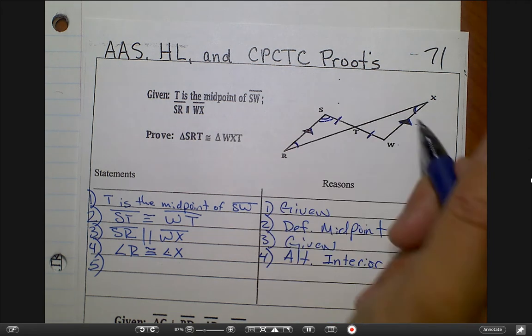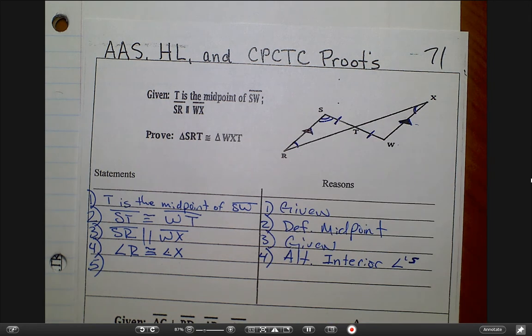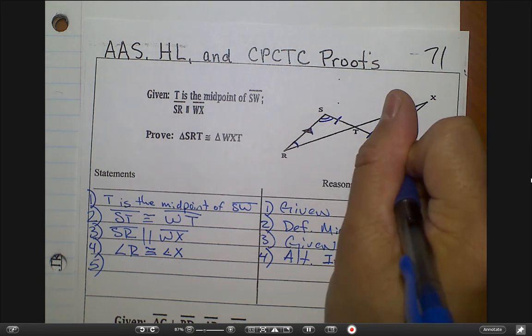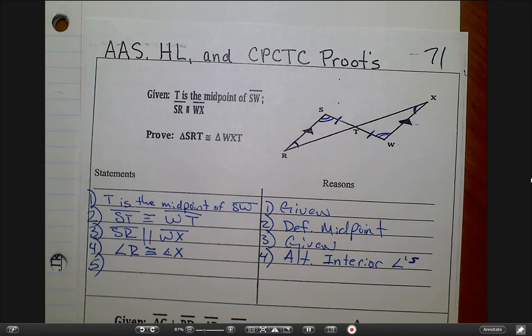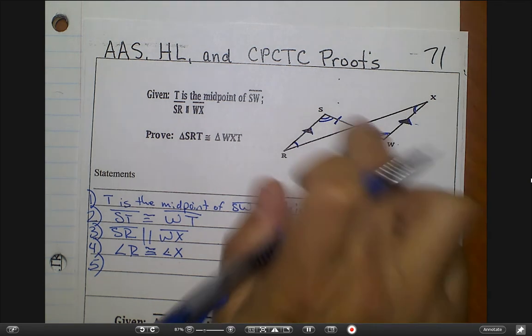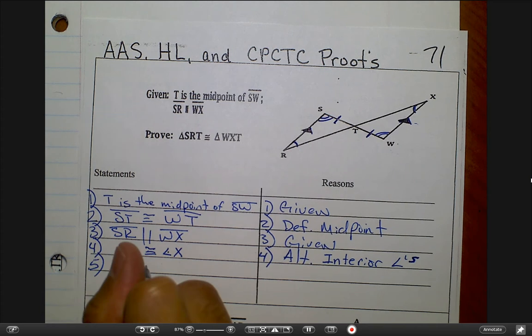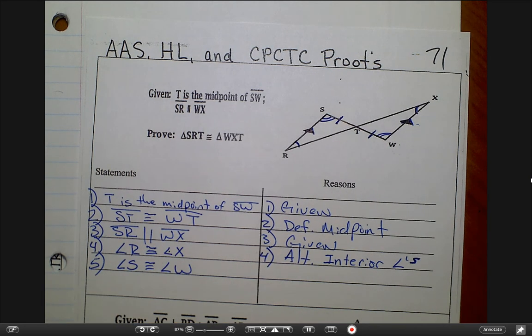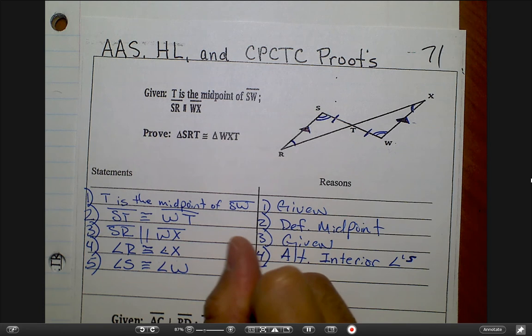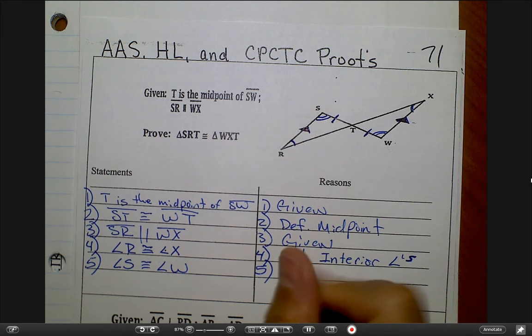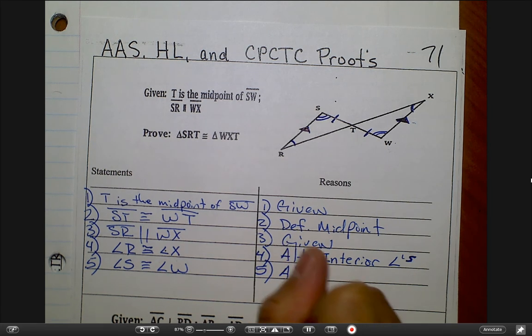So 2 arcs for that one right there, and so W also gets 2 arcs. They both get 2 arcs. So I'm going to say that angle S is congruent to angle W. My reason? Alternate interior angles.